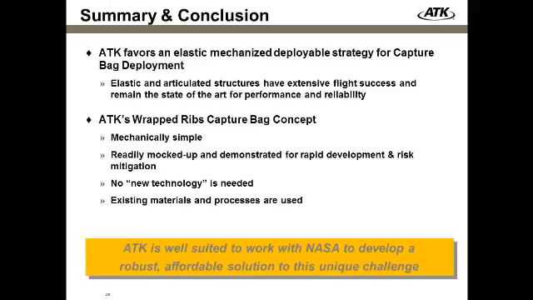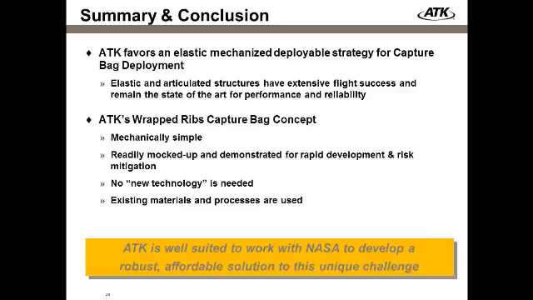In summary, we favor an elastic structural member that's mechanized for deployment and retraction. We think an articulated structure that has some strength to it, based on our extensive flight history, is a real benefit to this. The wrap rib approach we feel is very mechanically simple.